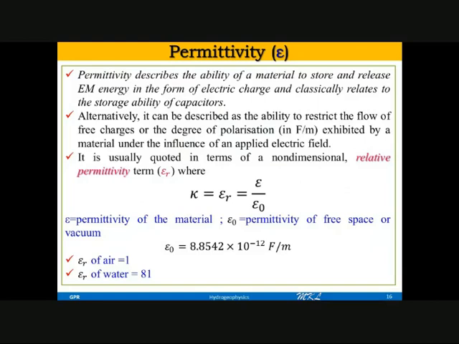Alternatively, it can be described as the ability to restrict the flow of free charges, or the degree of polarization exhibited by a material under the influence of an electric field.